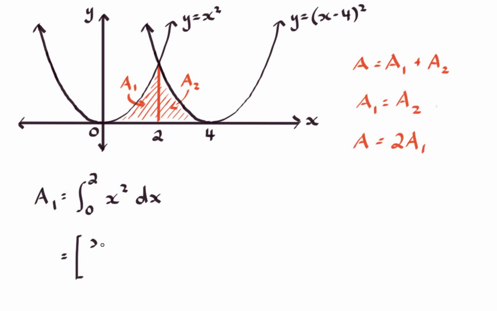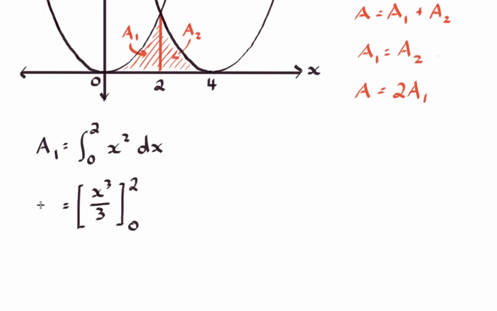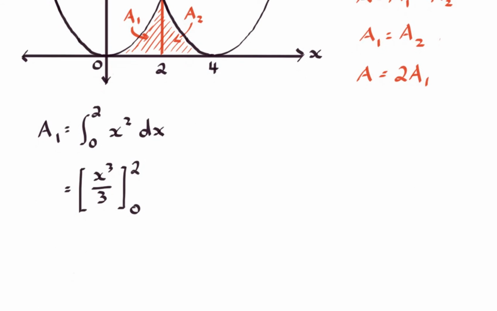Integrating x squared, we get x cubed on 3, and then evaluating for the values 2 and 0, well, 2 cubed, that's 8. And 0 cubed, well, that's just 0. So there we go. Area 1 is 8/3.